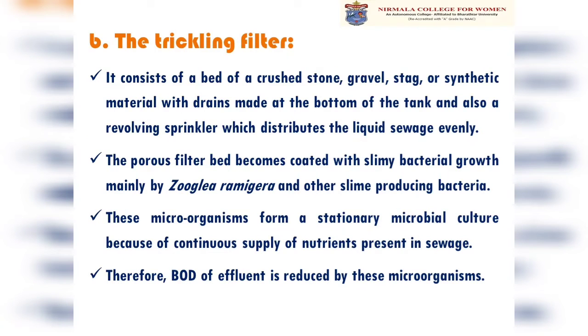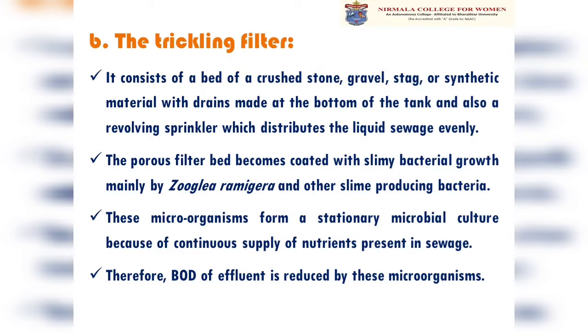Next is trickling filters. It consists of a bed of crushed stone, gravel, slag or synthetic material with drains made at the bottom of the tank and also a revolving sprinkler which distributes the liquid sewage evenly. The porous filter bed becomes coated with slimy bacterial growth, mainly by Zooglea ramigera and other slime producing bacteria.